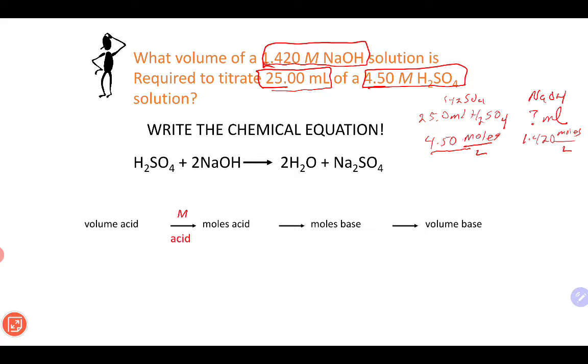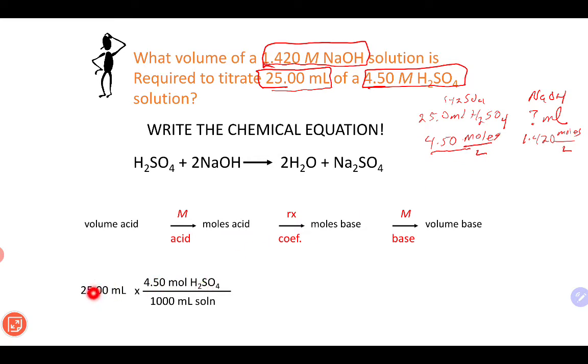And I'm going to use the molarity to convert between volumes of solutions and moles. And I'm also going to use the molarity to go from moles of solution back to volume. And the coefficients in the equation are going to give me that mole of one thing to mole of another conversion.